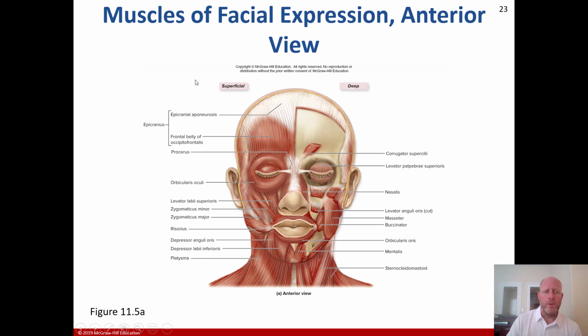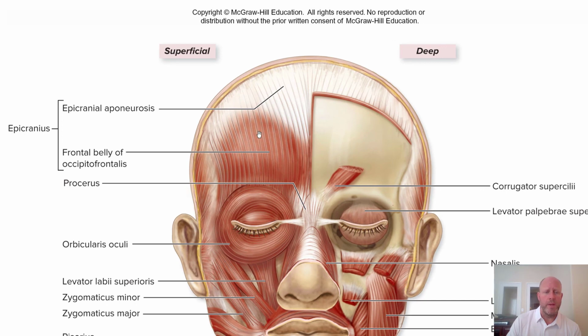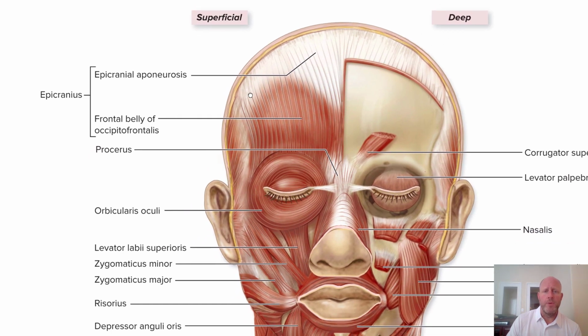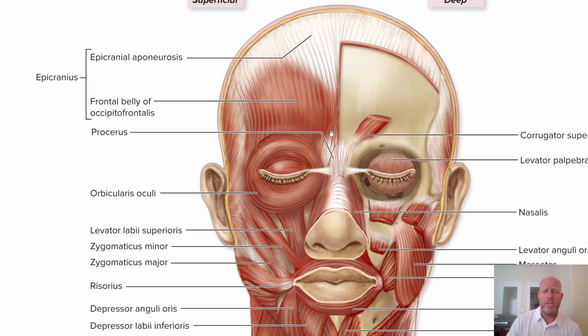And as far as the view here, I'm just going to very quickly mention these so we can know them by name. Looking at both superficial and deep here, deep more toward this side and superficial over here.